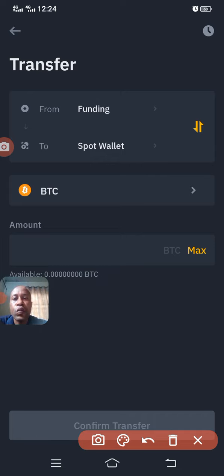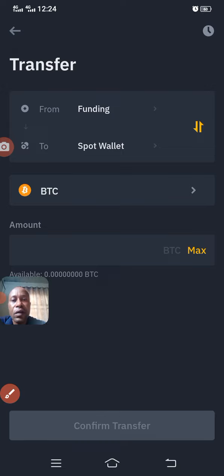But if it's on spot wallet and I want to transfer from spot wallet to funding wallet, I will just click this icon. You see how it rotates? I'm transferring from spot wallet to funding wallet. That means when I want to sell some USDT or BTC or any coin of my choice, I will click here, and it will rotate and give me the exact place I'm going to.